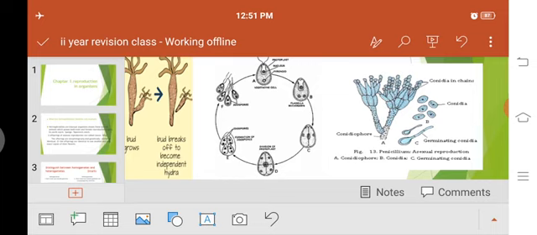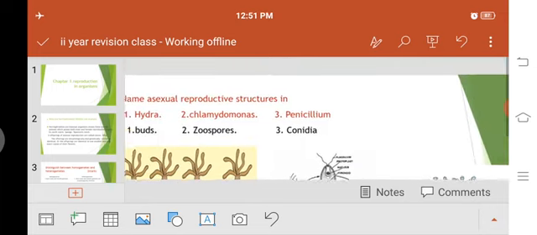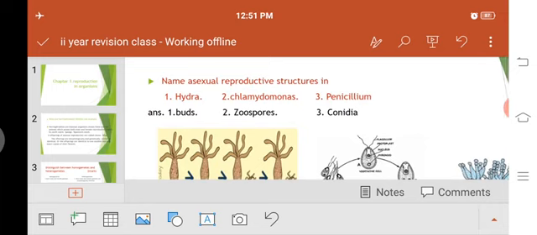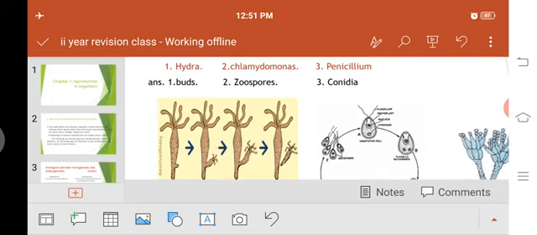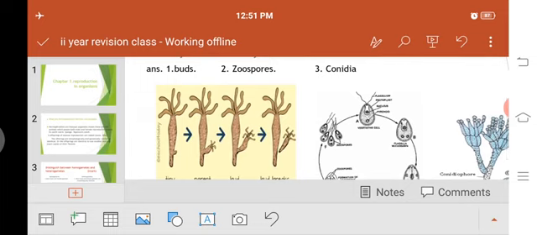This is all about the particular question, that is, name the asexual reproductive structures in Hydra, Chlamydomonas and Penicillium. This question is also very important. They have repeatedly asked this question for 3 marks. Understood all of you?